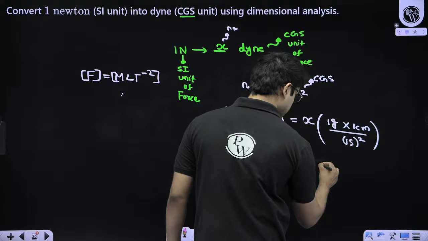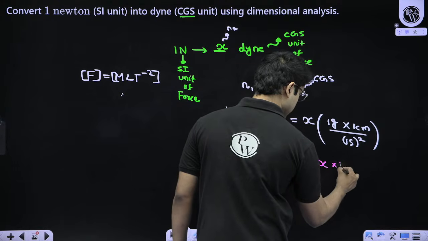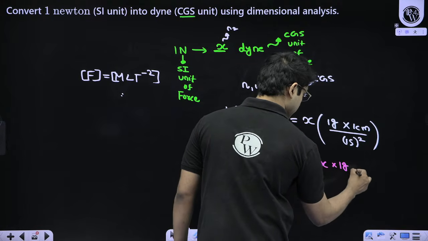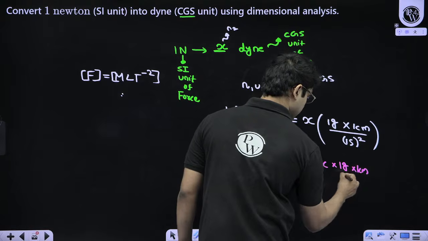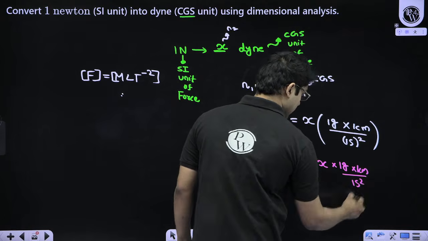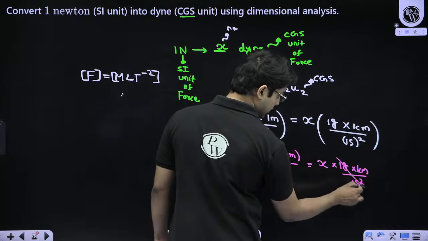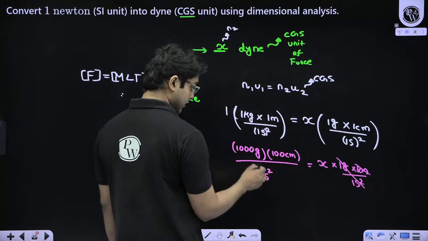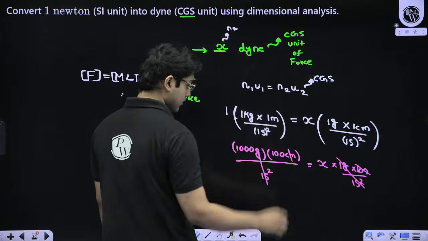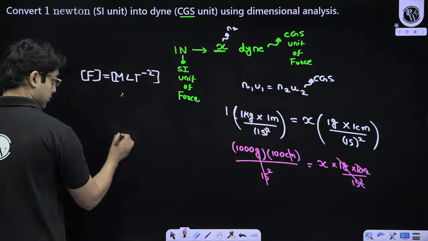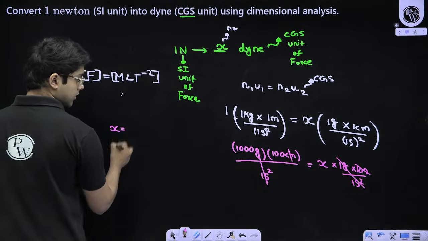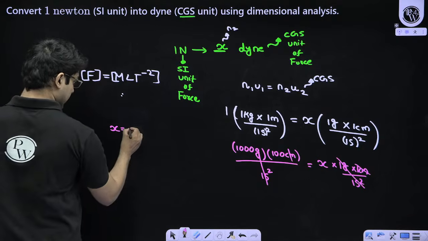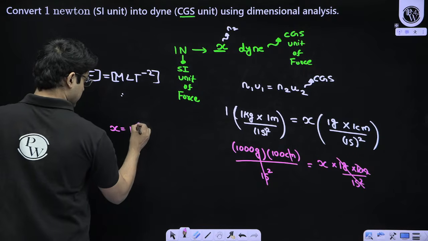On the right hand side, I don't have to do anything. It is 1 gram into 1 centimeter divided by 1 second square. Now just cancel out all the unit part: gram, centimeter, second square. Then you will get x. So x will be 1000 into 100, which I can write as 10 raised to 5.